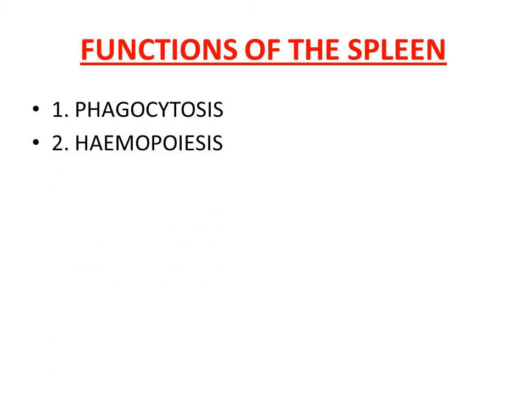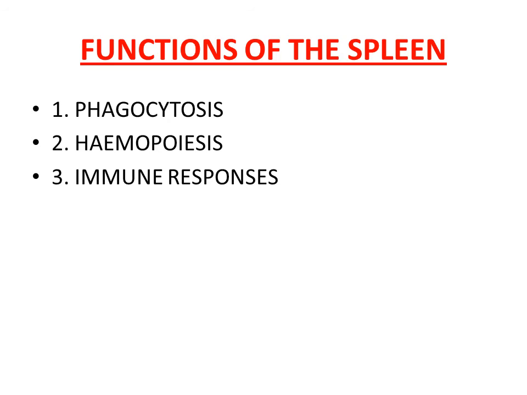Then the second function is hemopoiesis. The spleen is an important hemopoietic organ during fetal life, and in the adult spleen, hemopoiesis can restart in certain diseases like chronic myeloid leukemia. Then the third function is the immune response.